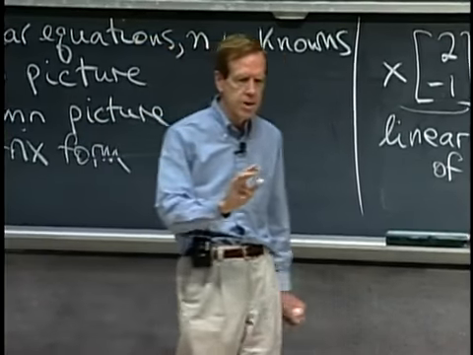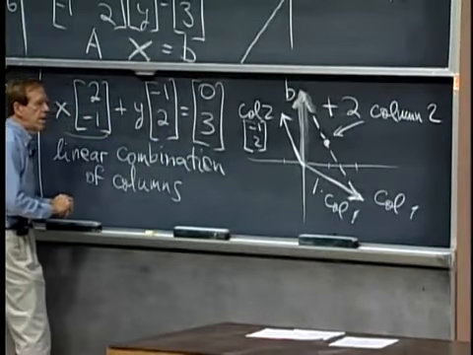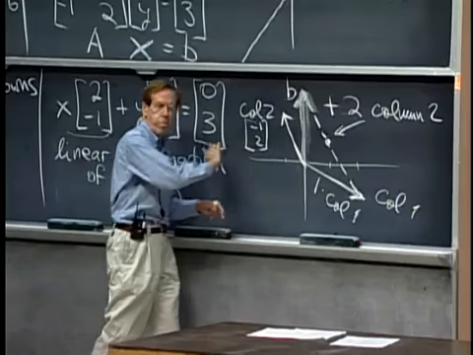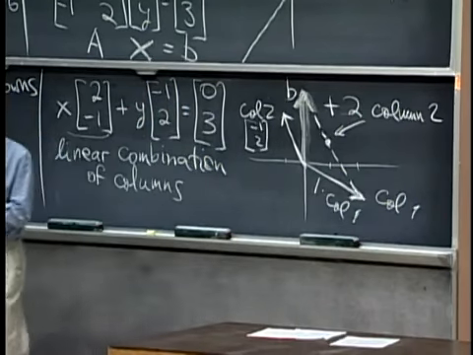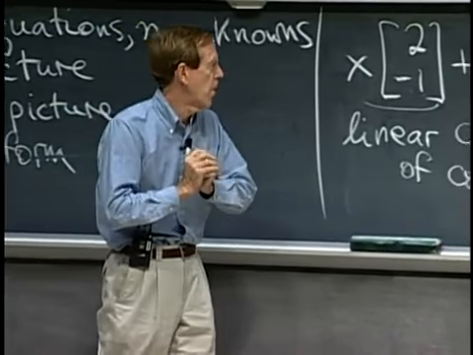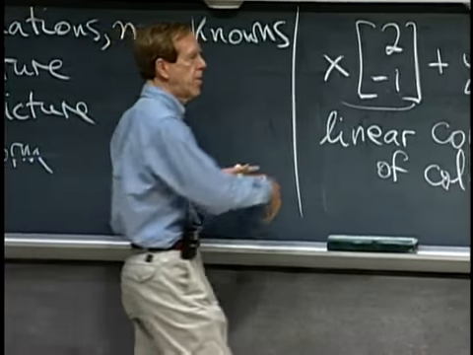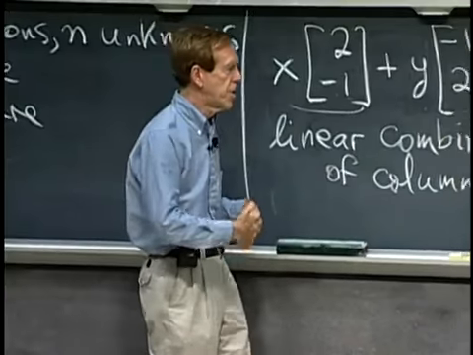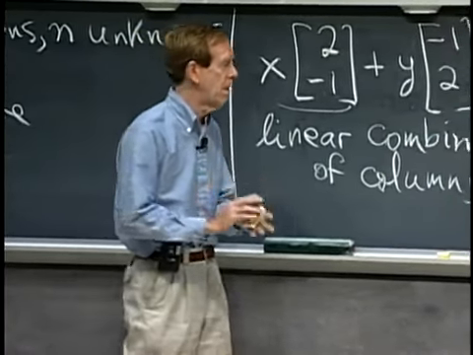And actually, the result would be that I could get any right-hand side at all. The combinations of this and this would fill the whole plane. You can tuck that away. We'll explore it further. But this idea of what linear combination gives B, and what do all the linear combinations give, what are all the possible achievable right-hand sides, that's going to be basic.